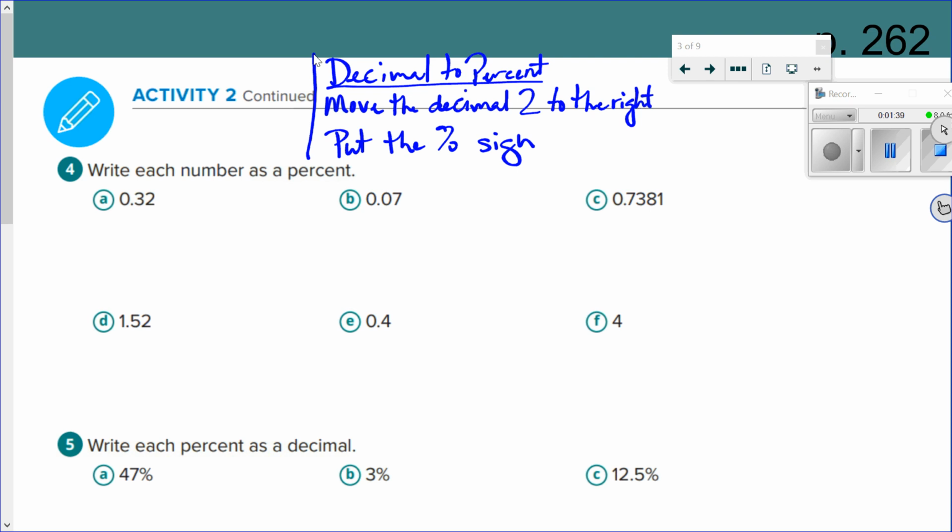Some of the easiest math you are going to do is percent to decimal, decimal to percent. Why? It's because percent means what? Out of 100. Because percent means out of 100, if I'm turning a decimal to a percent, what I'm really saying is I'm going to take this number and, instead of writing it as a decimal, I'm going to make it out of 100.